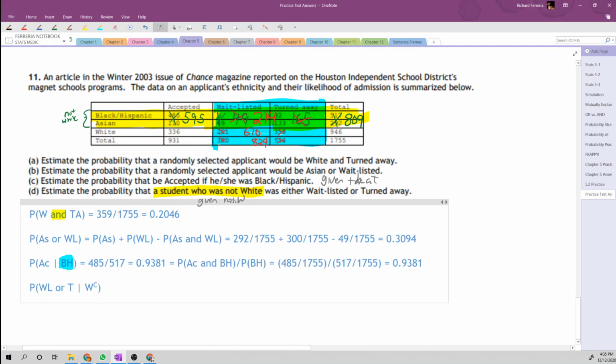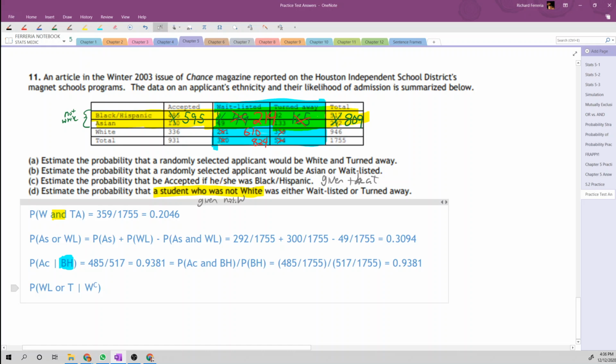Now we're only going to look at the not white row, which is yellow. Okay. In this yellow row, how many were waitlisted or turned away? 214. 214 out of the 809 in the not white row were turned away.